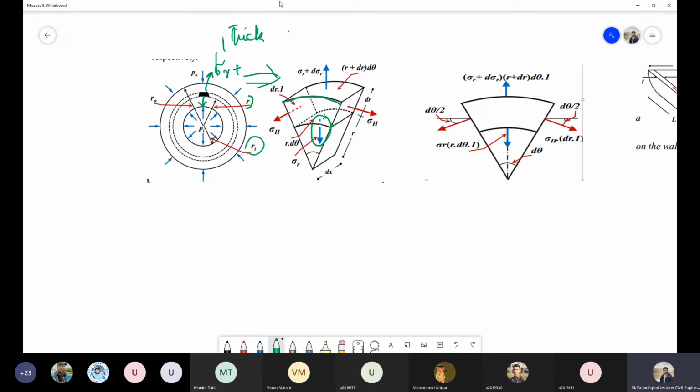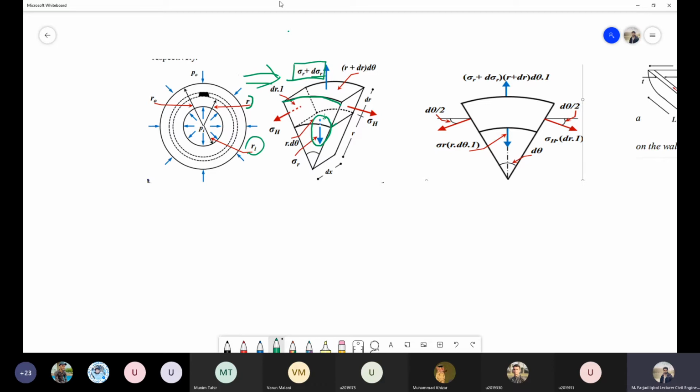So to represent that difference, we will say that the external radial stress will have some increase or decrease, and this is represented by the differential radial stress. So at the internal surface, we have the radial stress sigma r, and at the external surface, we will have some increase in radial stress, represented by sigma r plus d sigma r.